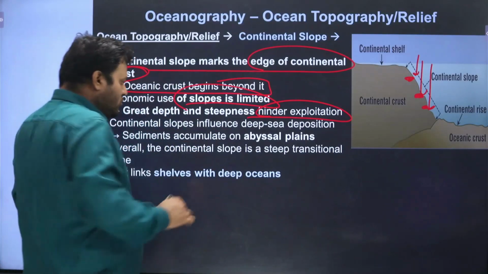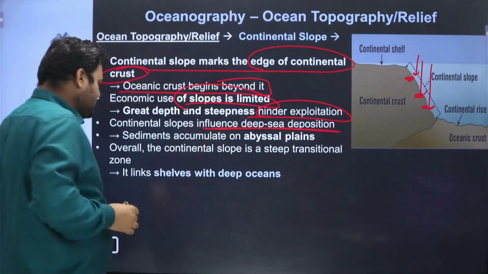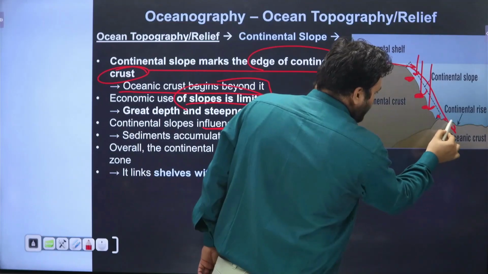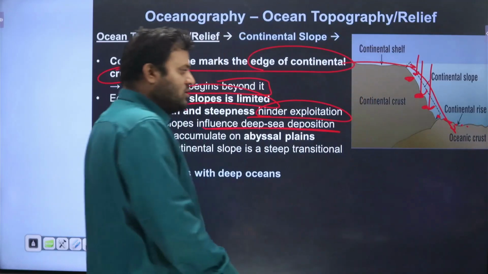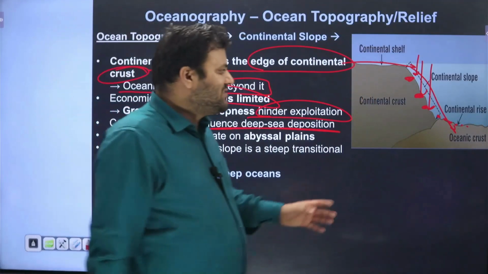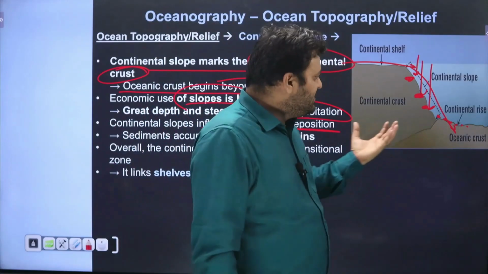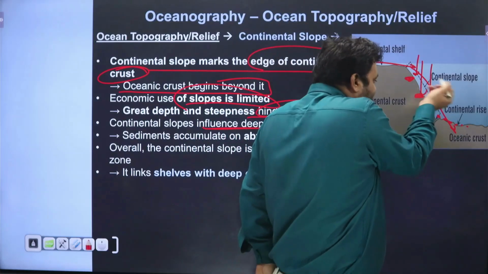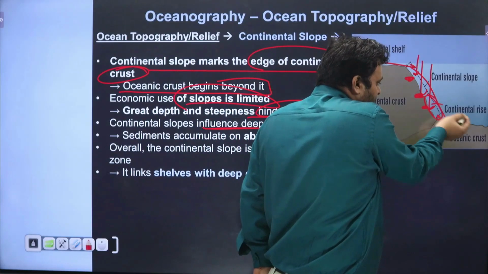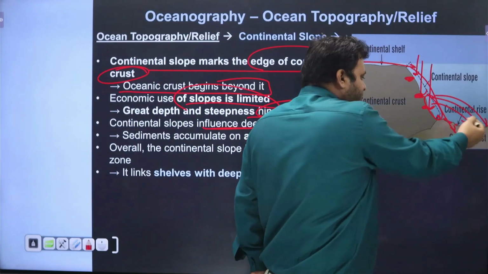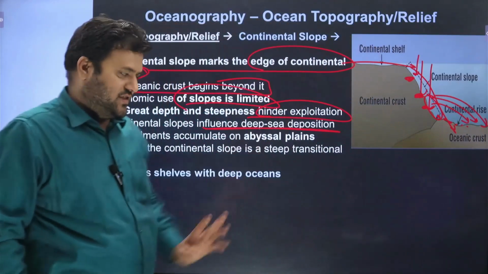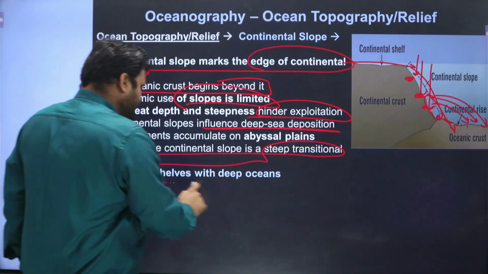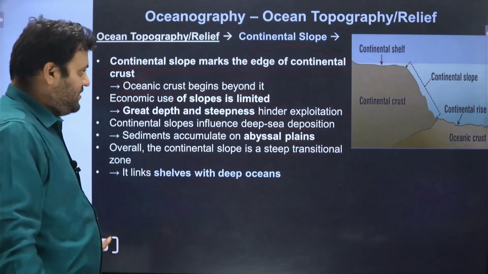The continental slope also influences deep sea deposition. When there is tectonism, the continental slope may destabilize, and as a result there can be erosion, and the eroded material can be deposited on the oceanic crust or trench. Overall, the continental slope is a steep transitional area that links the shelf with the deep ocean.